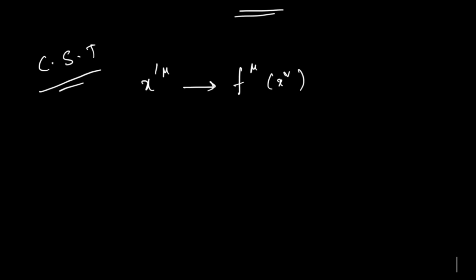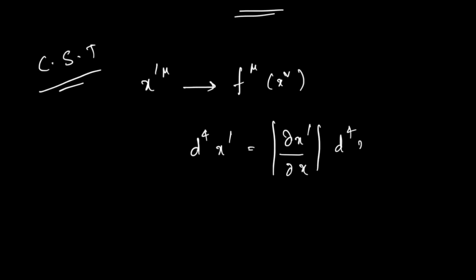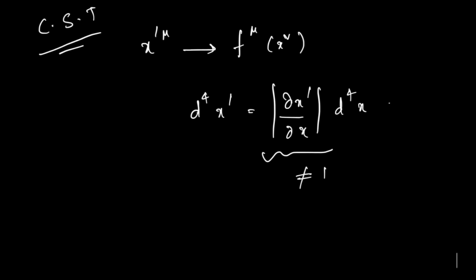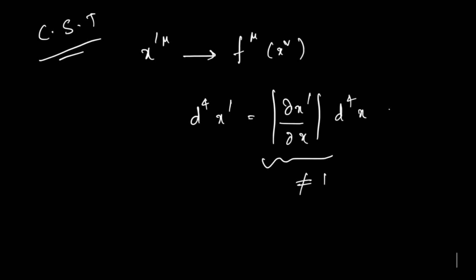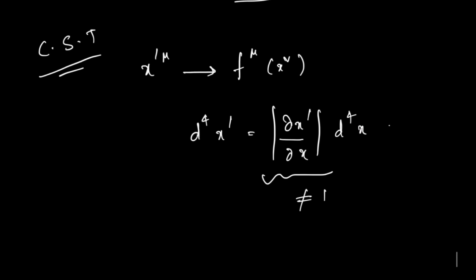Therefore the volume element will transform like this. Now this Jacobian is no longer unity. So the volume element in a curved manifold behaves like a scalar except for this determinant factor. So except this factor, it will behave as an invariant.